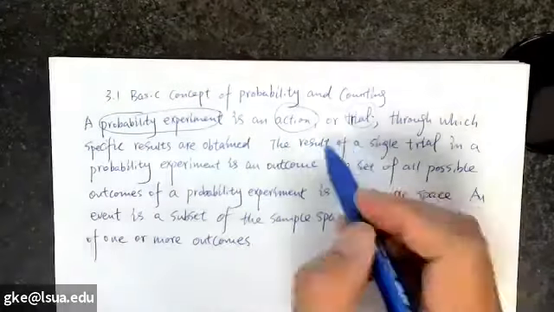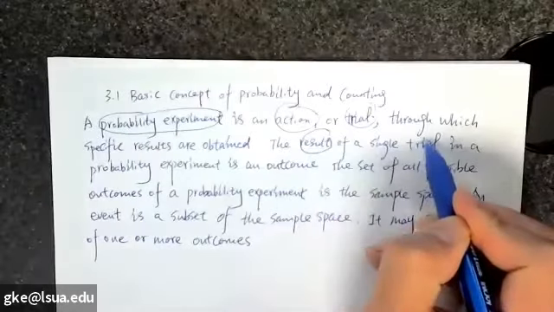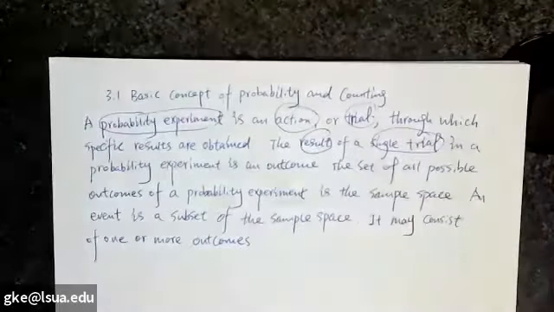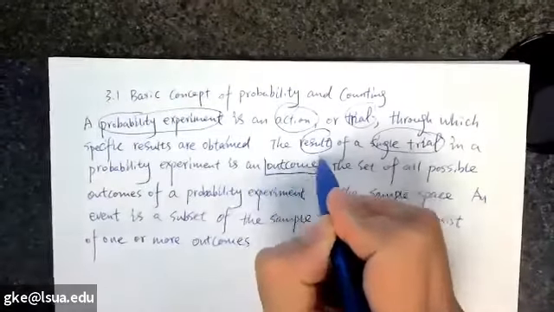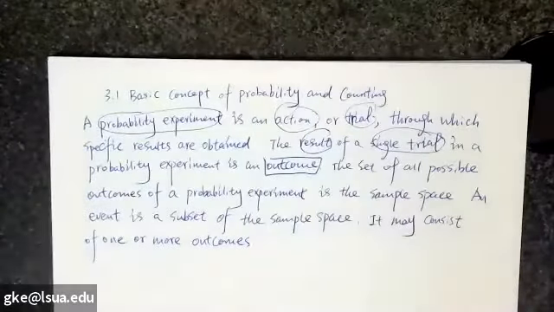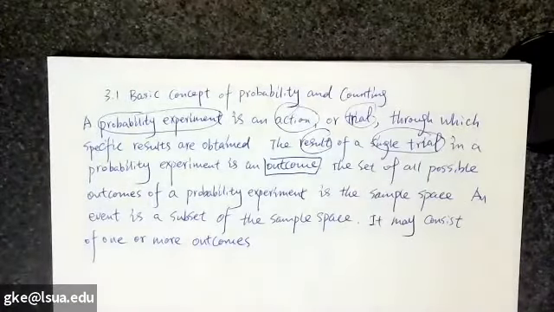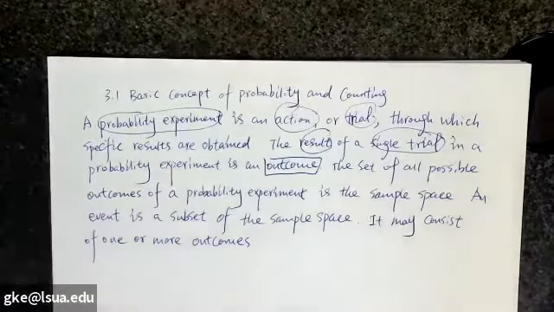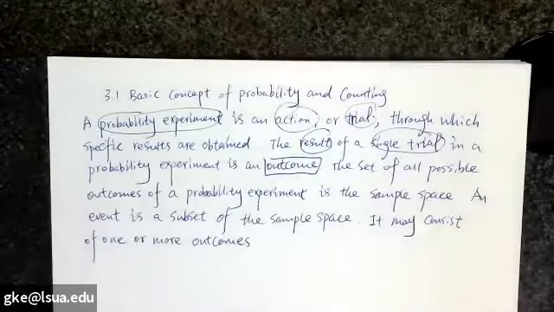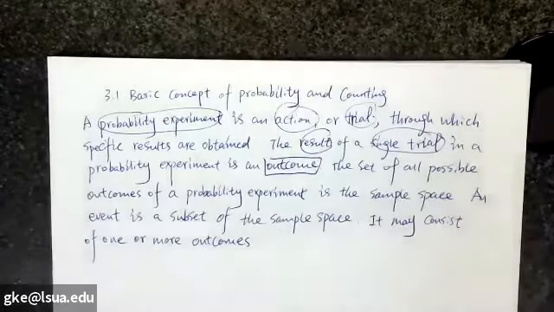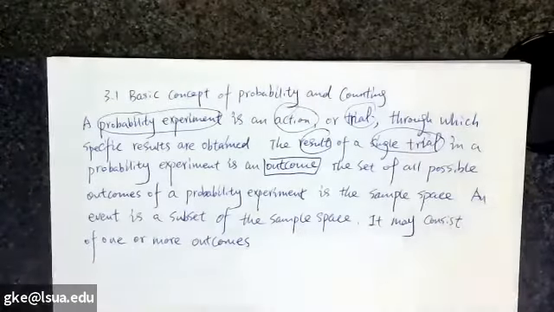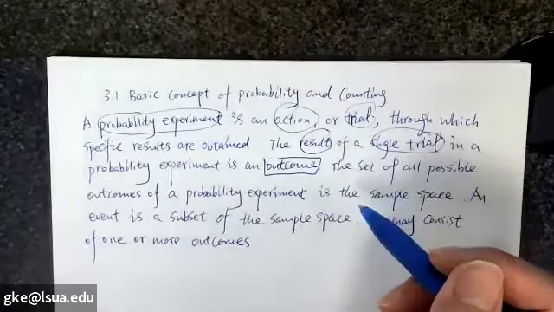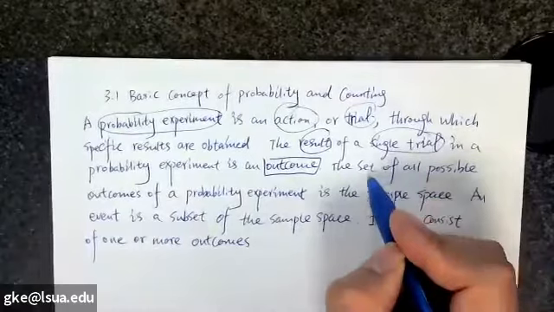Now, let's take a look. The result of a single trial, we call it an outcome. And if you throw the coin several times, you can get all the possible outcomes.